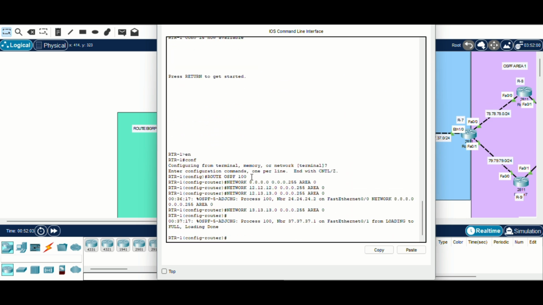After that, you make router OSPF 100 with the three networks connected, this the third network, 1 and 2, this one. So connect to all.